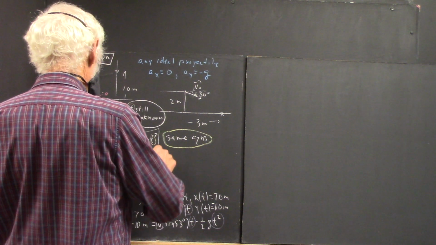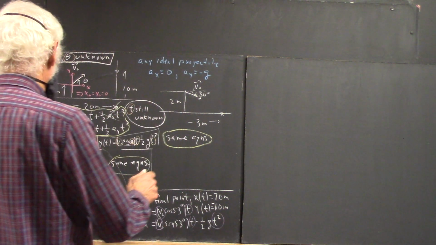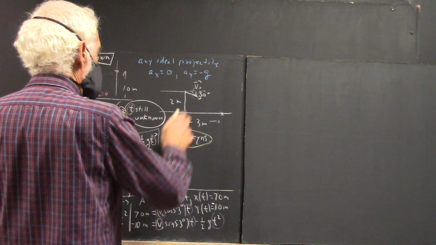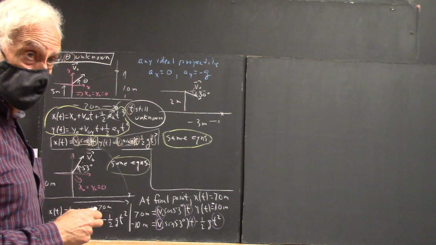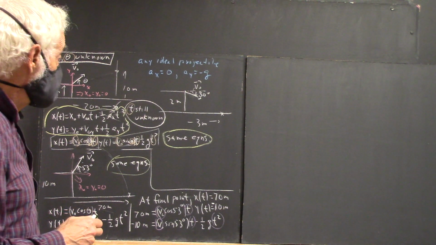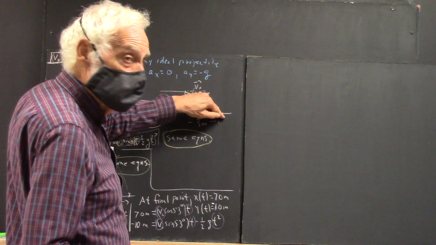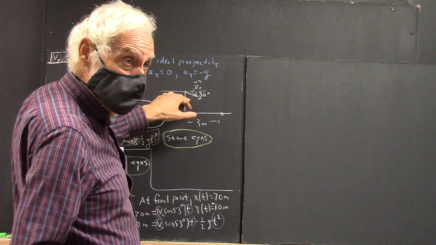So this problem is identical to this one, as long as a straight line from here to here is down below a 30-degree angle.